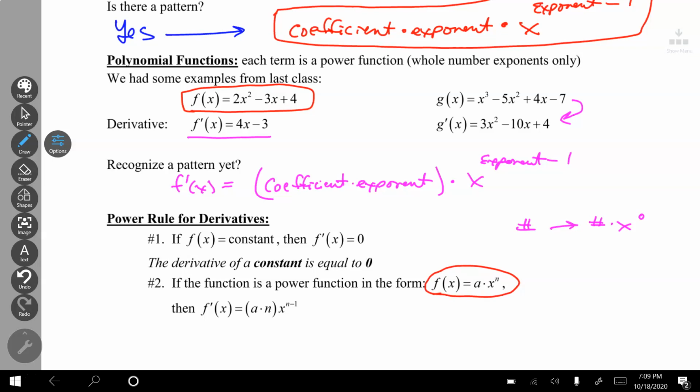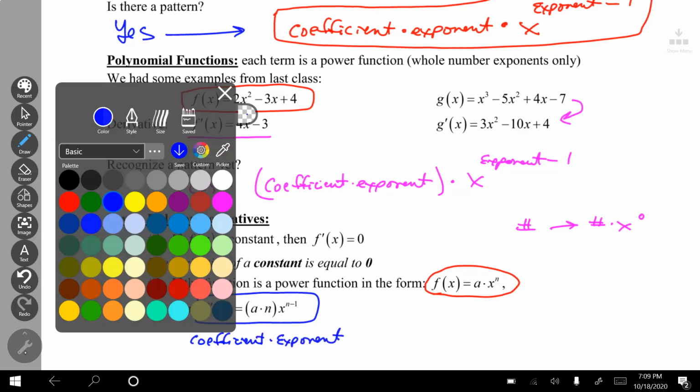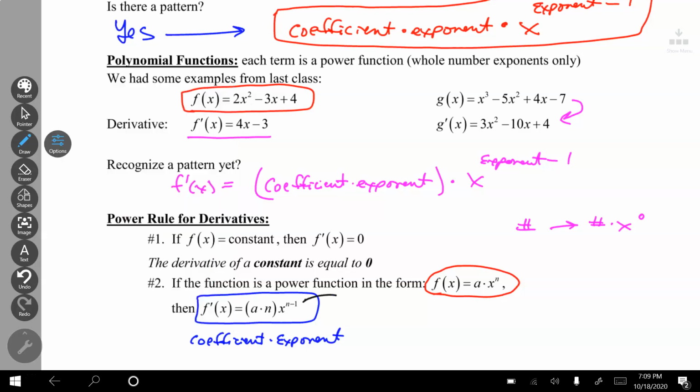We're going to have to learn how to rewrite things to make it look like a power function, a times x to the n, then its derivative is exactly what I said: coefficient times exponent, and then over here we have the original exponent minus 1.